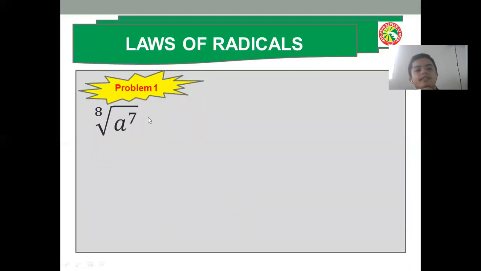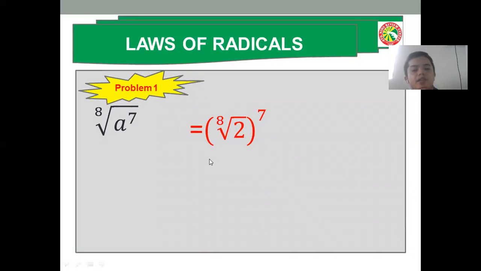What is the 8th root of a to the 7? This is your exponent 7 and this is your root. You can write it in this way, the 8th root of a raised to 7. I'm just showing you an example here. If it can be simplified, then you do the simplification.